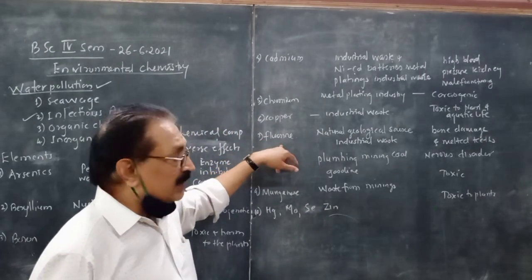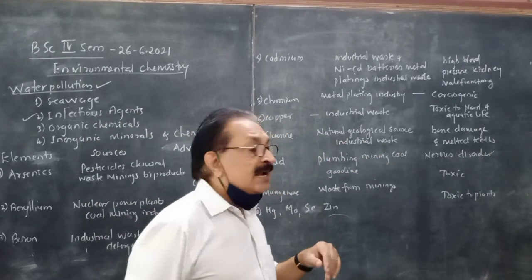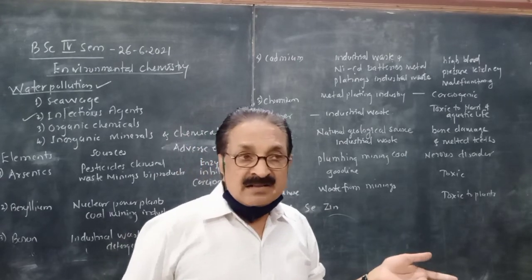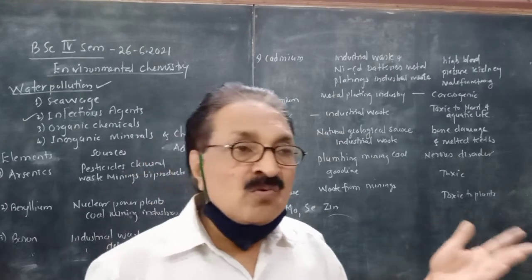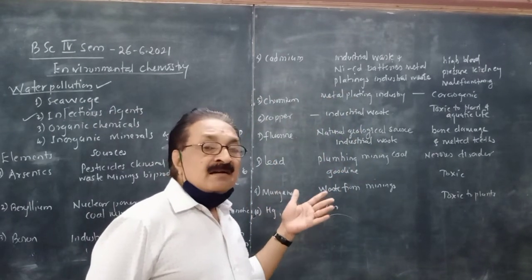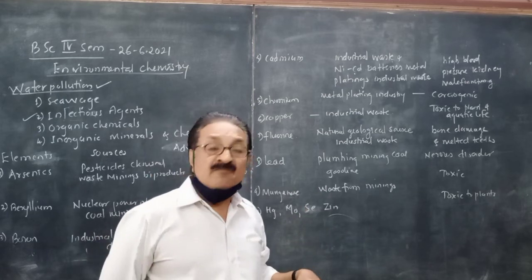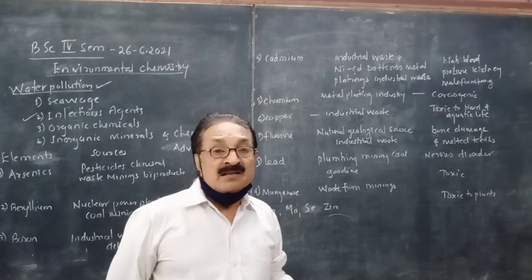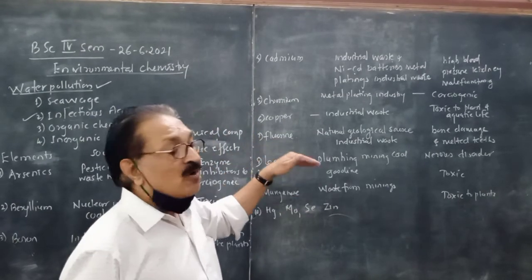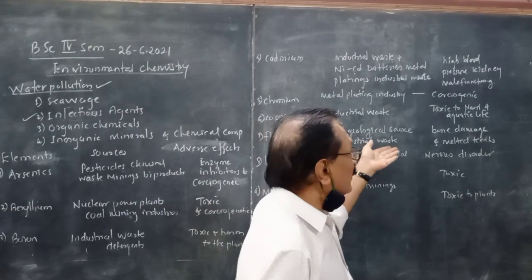Next one is fluorine, and this fluorine comes from natural geological sources as well as industrial waste. You know, in some countries, some places, like if you go towards the Raichur district, whatever water is obtained from the earth's crust, from the borewell, that water contains a rich amount of fluorine components. And when fluorine water is taken for drinking or cooking, what happens?